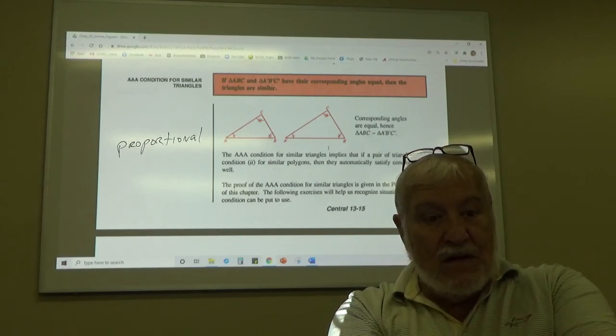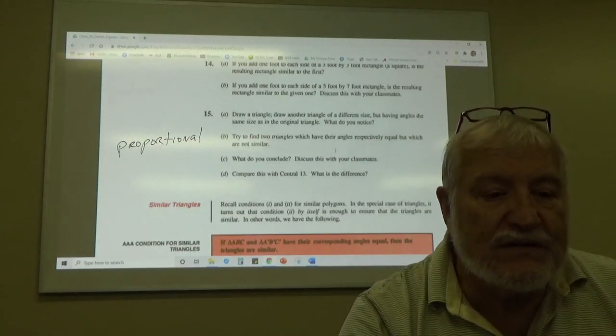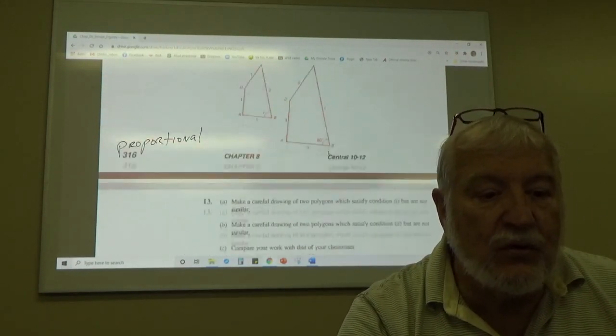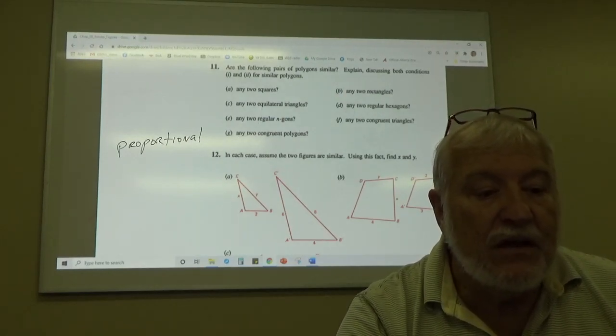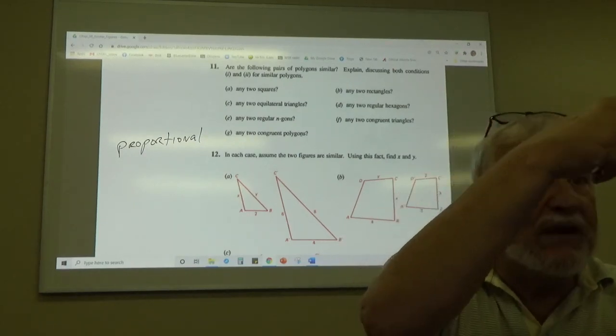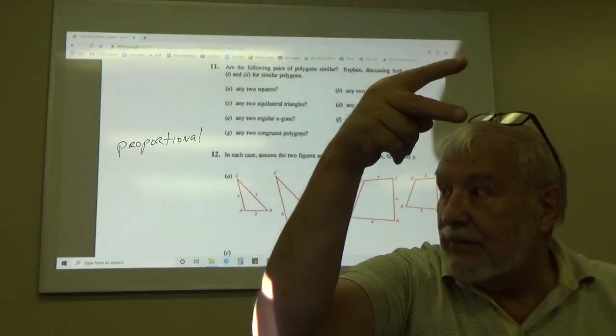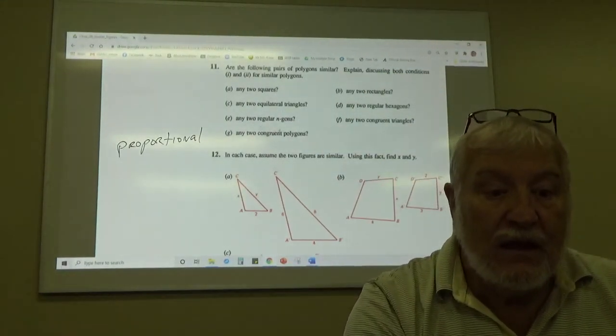Okay? So if on this one back here, where it said that you had two congruent polygons, the symbol in between would be a double curvy line, because that's the symbol for congruent, right?